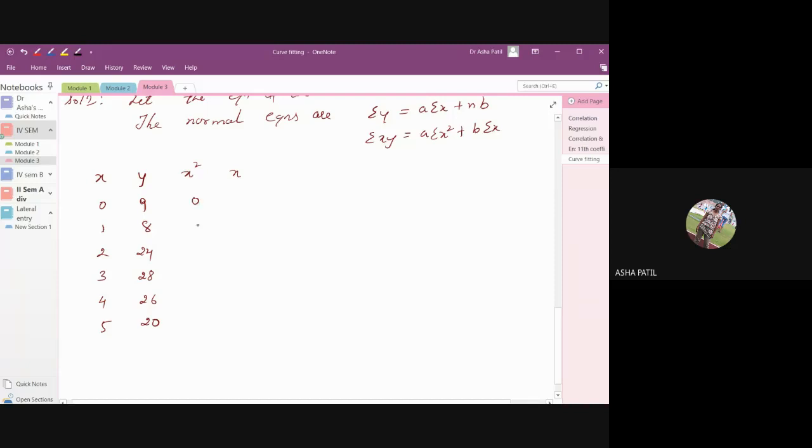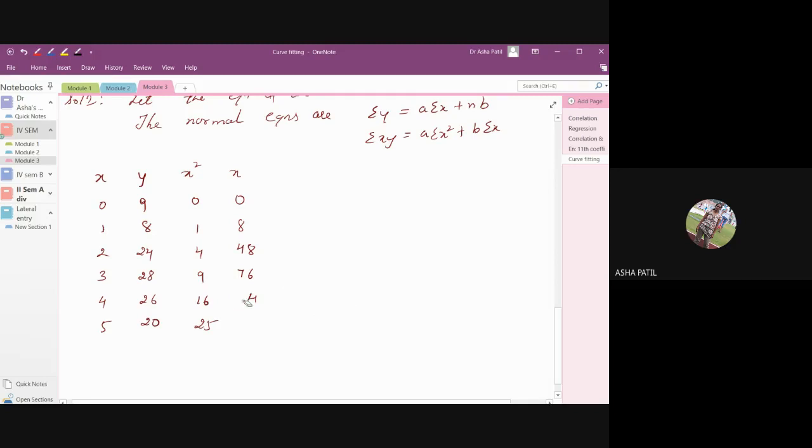X square and xy. Is it right? One zero four.